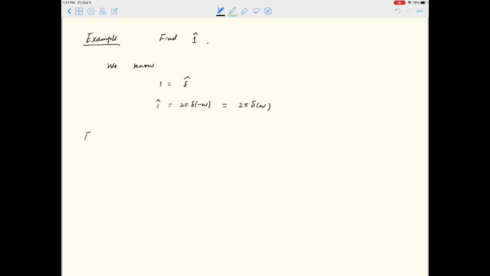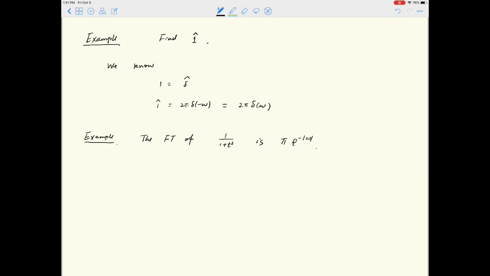Now, let's look at one more example. The Fourier transform of the function 1 over 1 plus t squared is pi times e to the minus absolute value of omega.